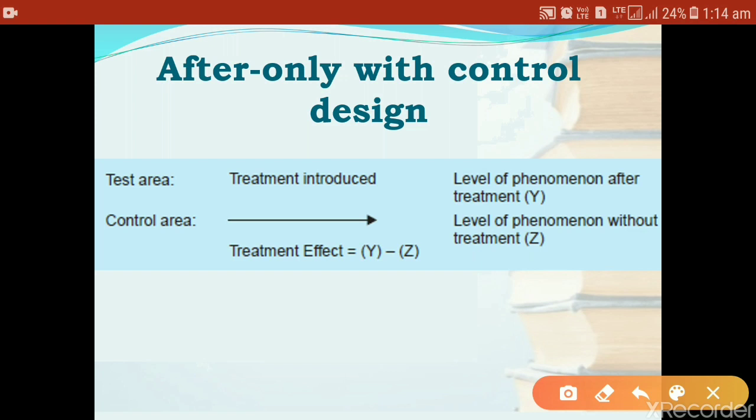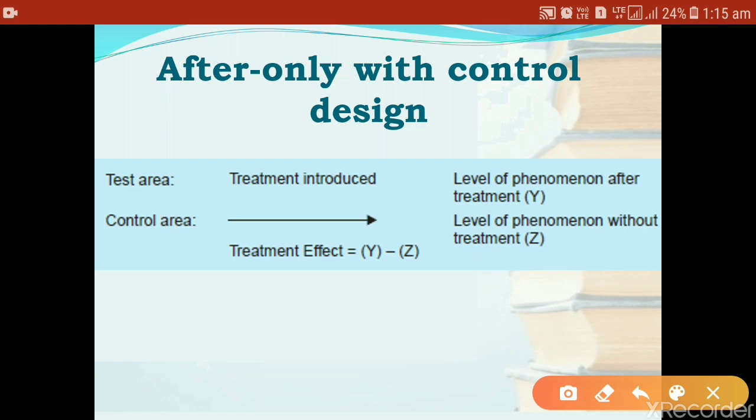Here the data can be collected without the introduction of problems with the passage of time. So in this respect, this design is superior to before and after without control design. Now, in this case, if I want to check the purity of water, then what I will do is take one sample which I will keep like this only, without any treatment.